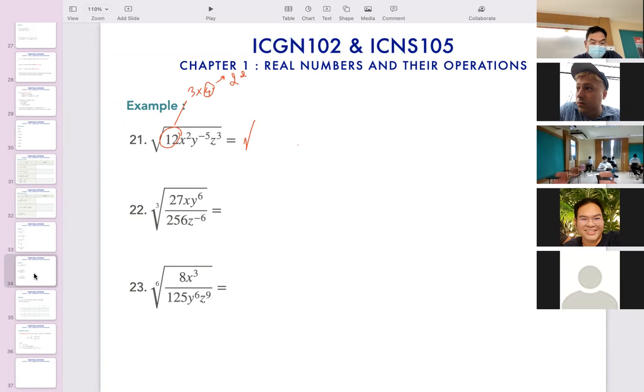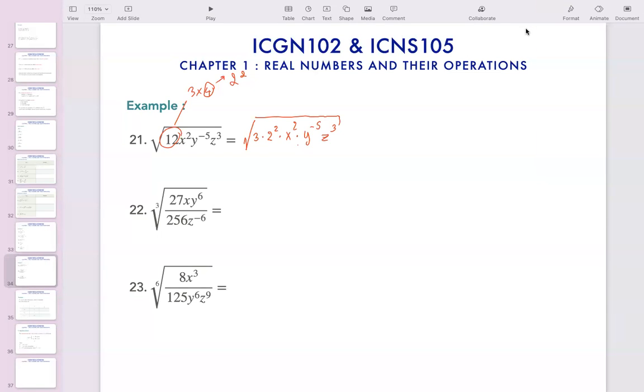So here I have 3 times 2 squared times x squared times y to the negative 5 times z cubed. And as you know, the square root is equivalent to the exponent of 1/2.